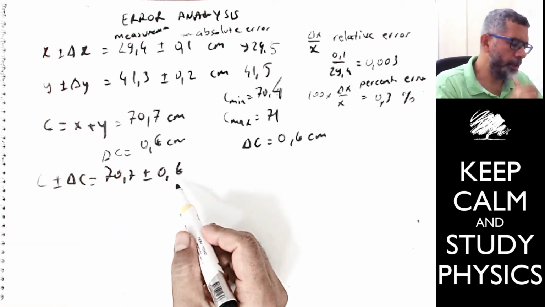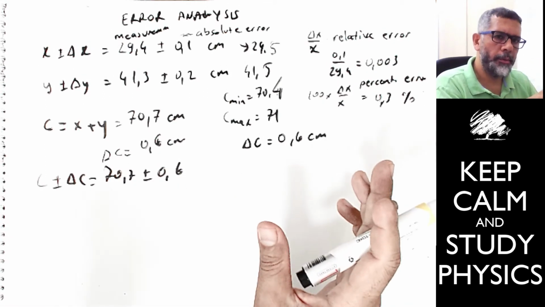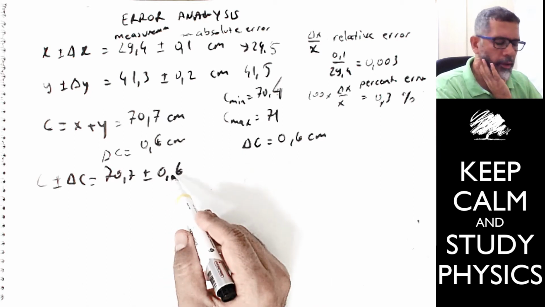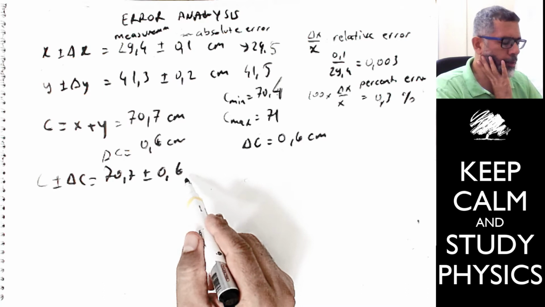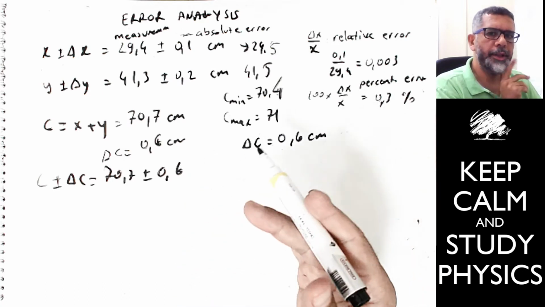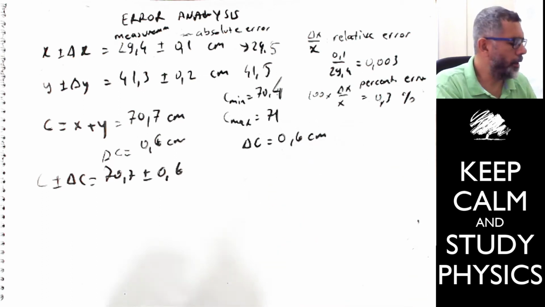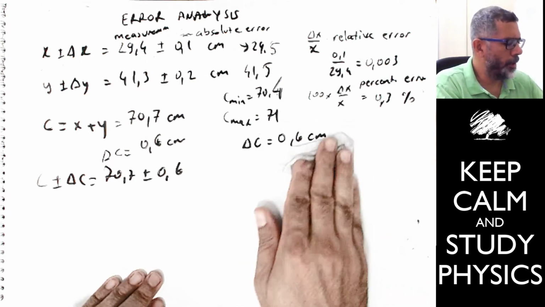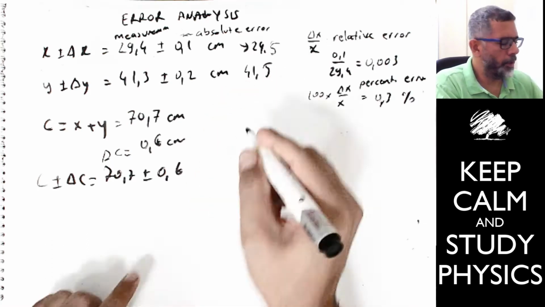But the 0.6 is large. Most probably the error in your result is going to be less than 0.6. This is the maximum value. For addition of measurements, we use a statistical average for this error, calculated using this formula.